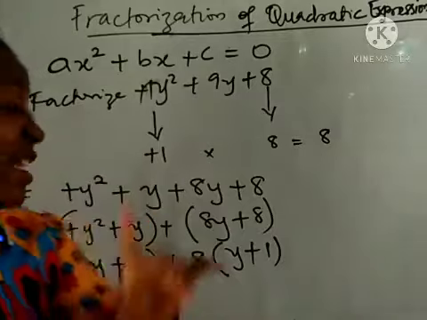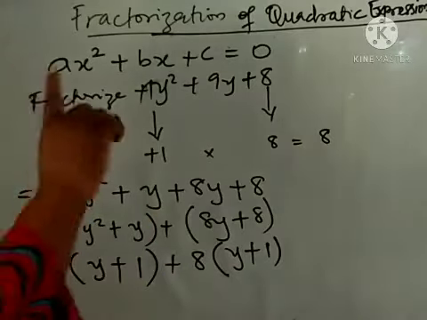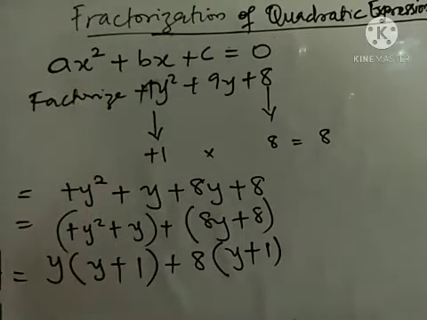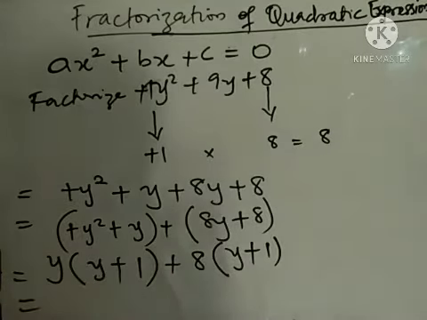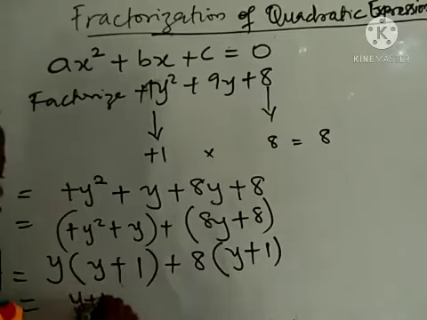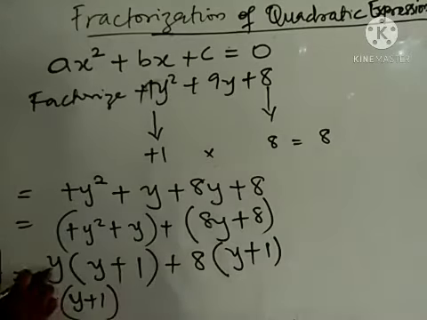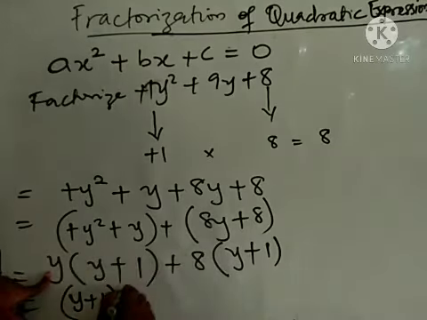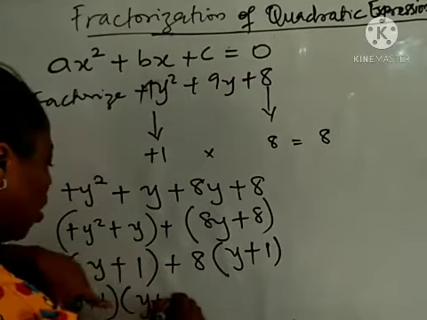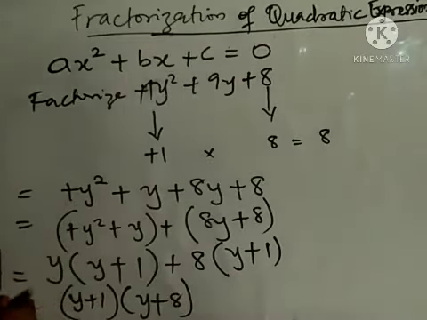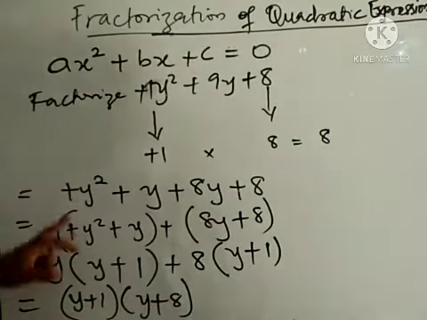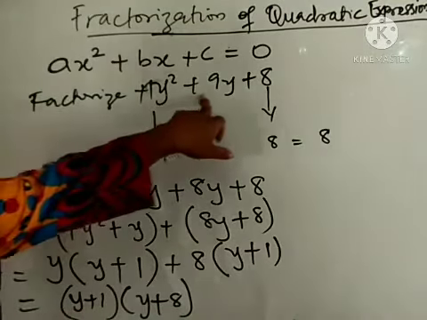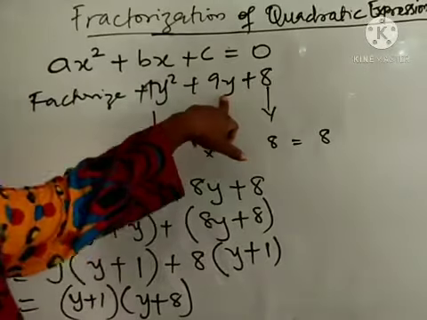If the brackets are different, that means there is an error somewhere, so you need to go back. So now what do we do from here? We pick one of the brackets since they are the same, y plus 1. Then we pick the numbers attached to the brackets, which is y plus 8. So we now have y plus 1, y plus 8. That is the factorization of this quadratic expression.